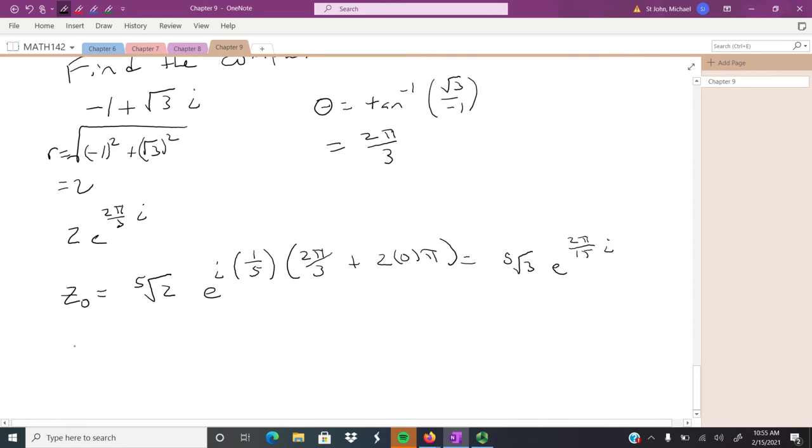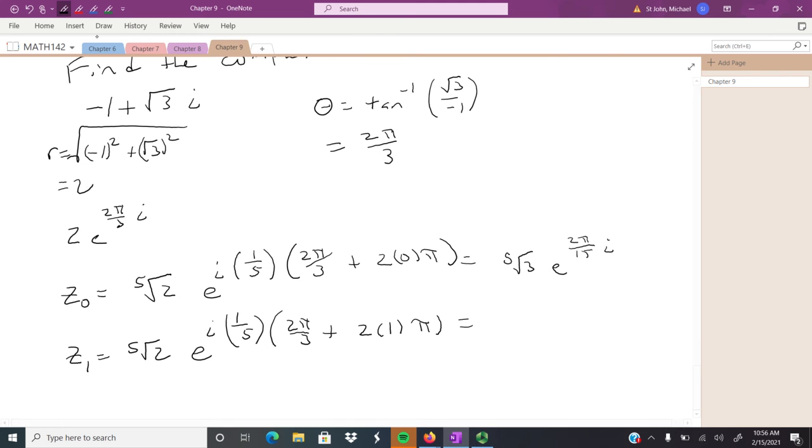Right? z sub 1 will be the fifth root of 2 e^(i) times 1/5 of 2 pi over 3 plus 2 times 1 times pi. I'm not sure where that 3 came from, let's change that.